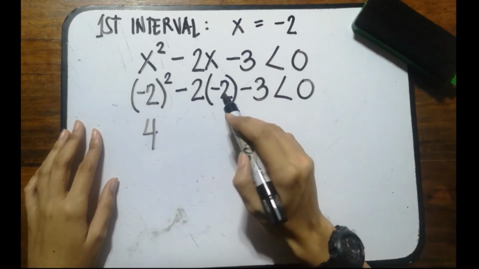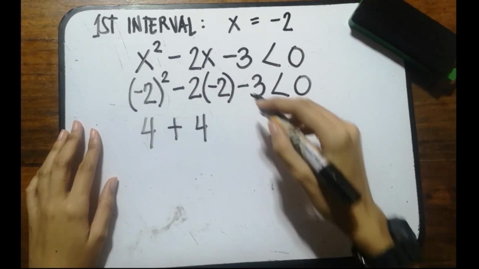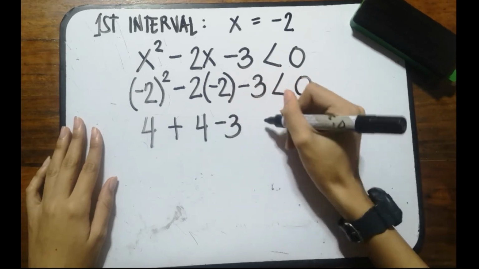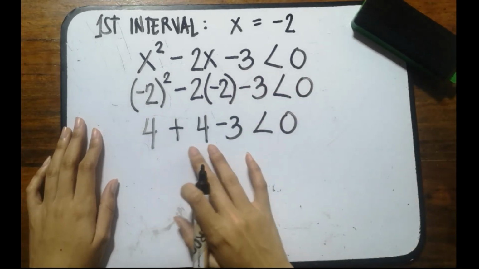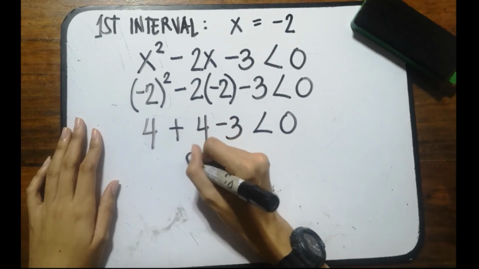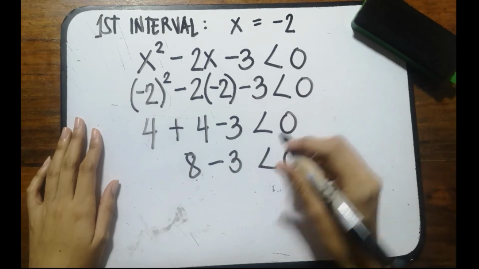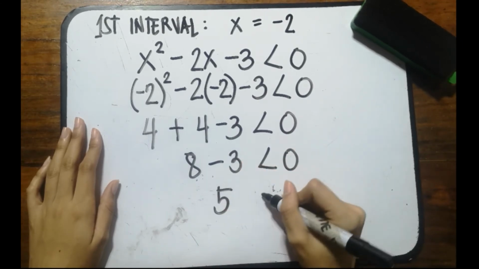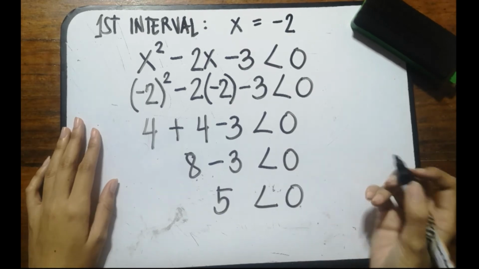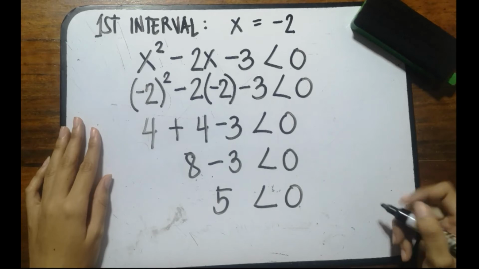Then -2 times -2 is also +4. Minus 3 less than 0. Now, 4 plus 4 gives us 8, minus 3 less than 0. 8 minus 3 gives us 5 less than 0, which does not satisfy the given inequality.